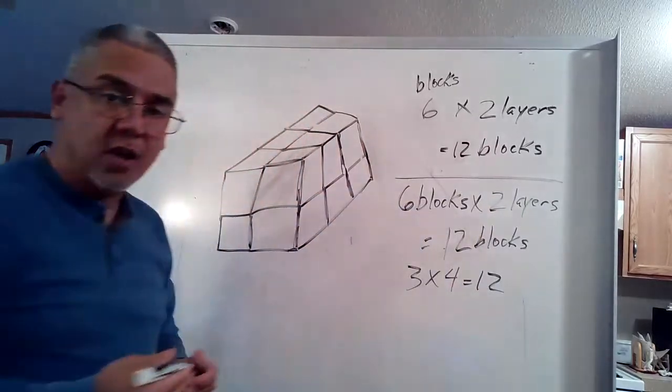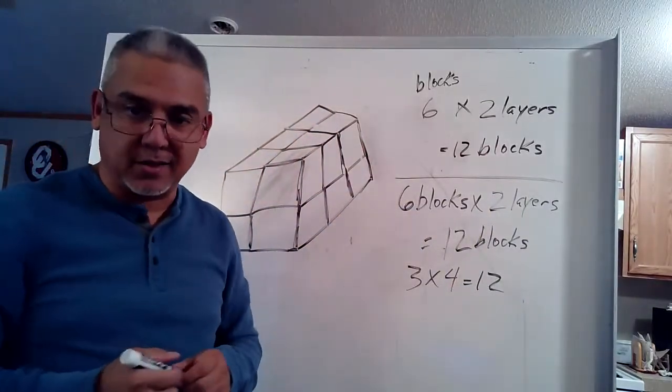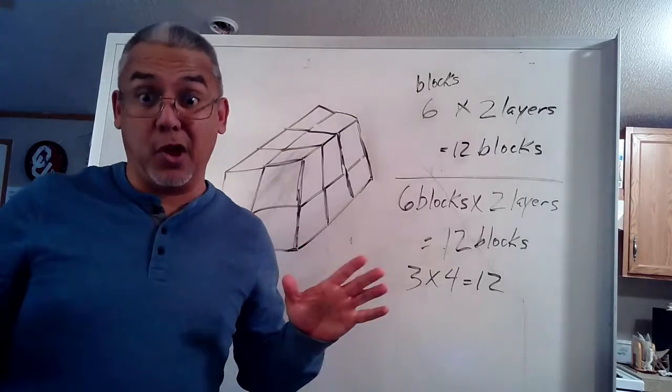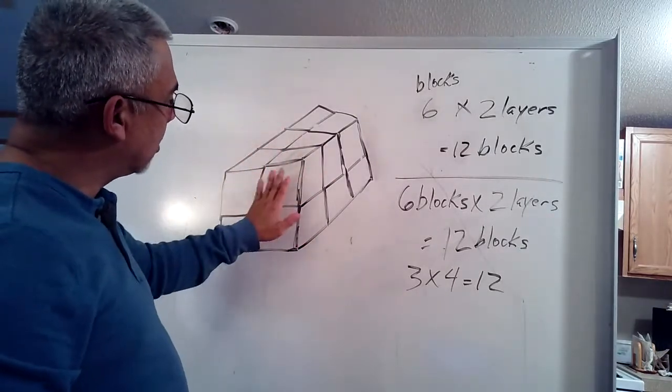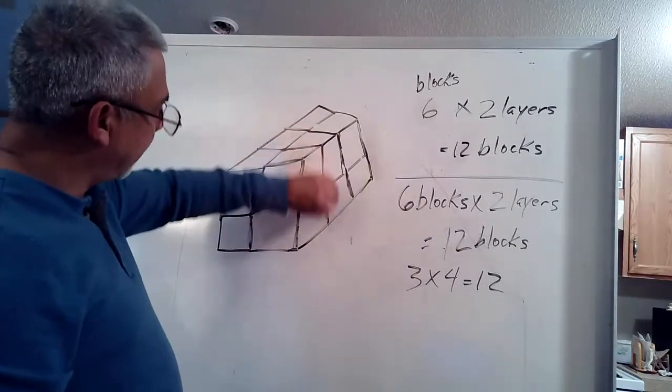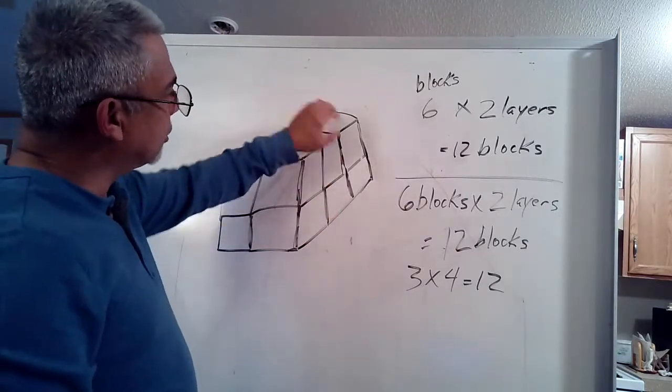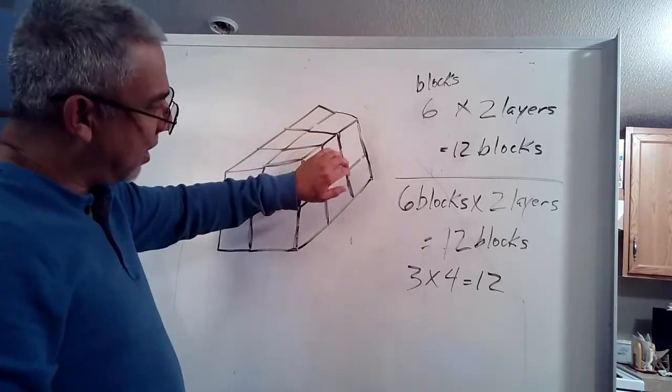And some of you are not going to see it like that. Some of you are going to see that this is a group of 4 right here, and this is another group of 4 right here, and there's your third group of 4 there.